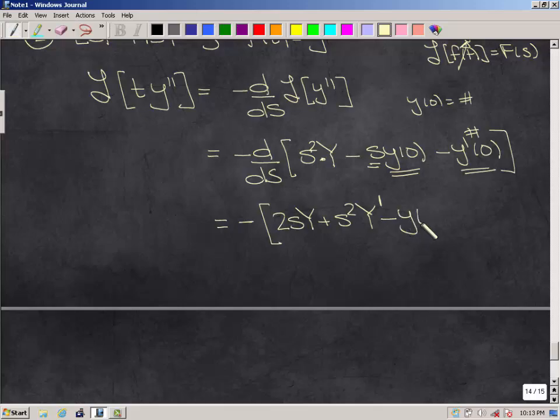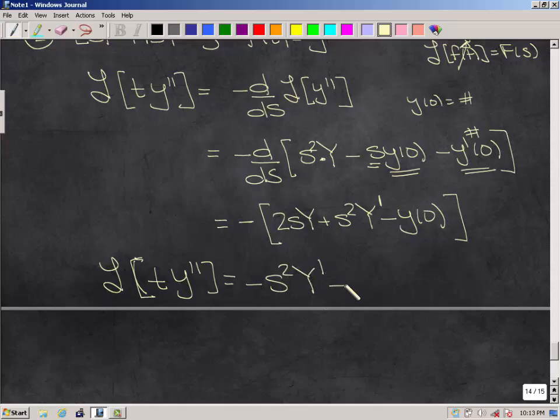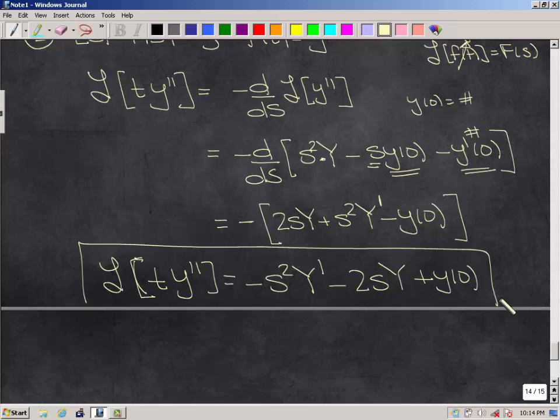So you just get y of 0. And out here, the derivative of a number is 0, so we don't even get anything. So it gives us this really nice property, the Laplace transform of t y double prime. I'll distribute the negative over here, and I'll rearrange it so the s squared is in the front. So you get negative s squared Y prime minus 2sY plus y of 0. So there's your next one.